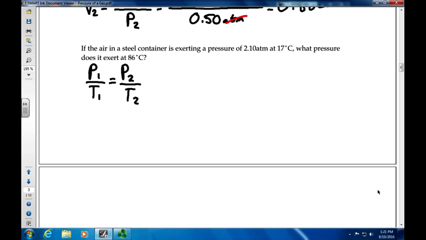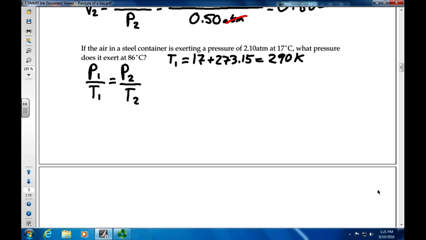Having said that, let's go ahead and put down temperature 1, or temperature initial, is 17 degrees Celsius, but we're going to want to convert that to Kelvin. So 17 plus 273.15 is equal to 290, accounting for our significant figures.